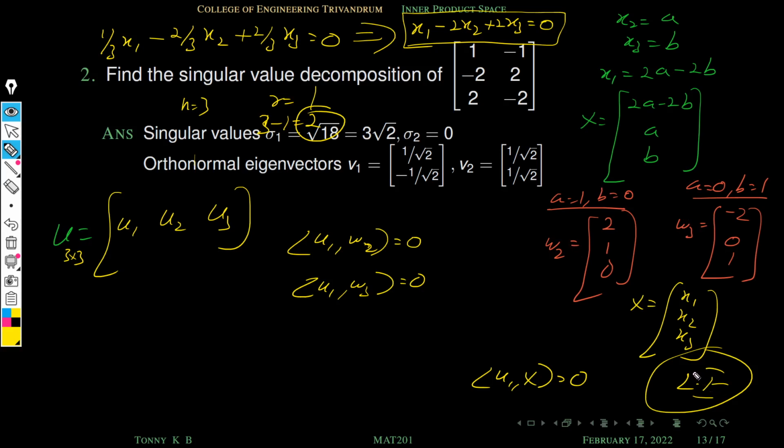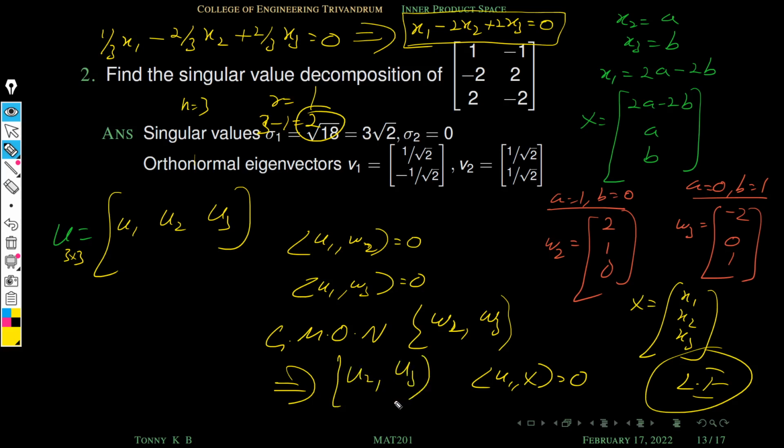We know how to construct an orthonormal set from a linearly independent set. That is our Gram-Schmidt orthonormalization process. So next we apply the Gram-Schmidt orthonormalization process to the set w2 and w3. That gives a new set of vectors which are orthonormal, that is our u2 and u3.